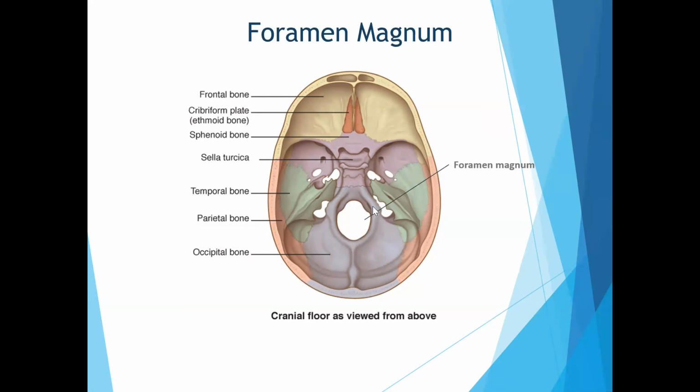So if you think back to your bone marking slide, if you've taken a look at that already, foramen basically means a hole. So your skull in here, there's a few what they consider foramina or small openings, and that's mainly for blood vessels. But your foramen magnum is a large opening for your brainstem. And so that's where your brainstem exits the skull and it'll transition into your spinal cord.